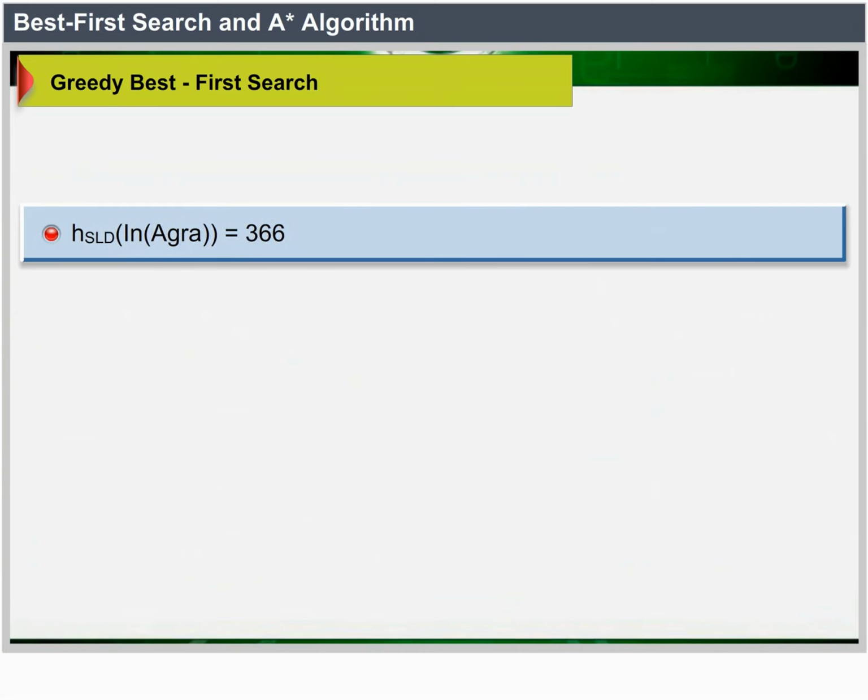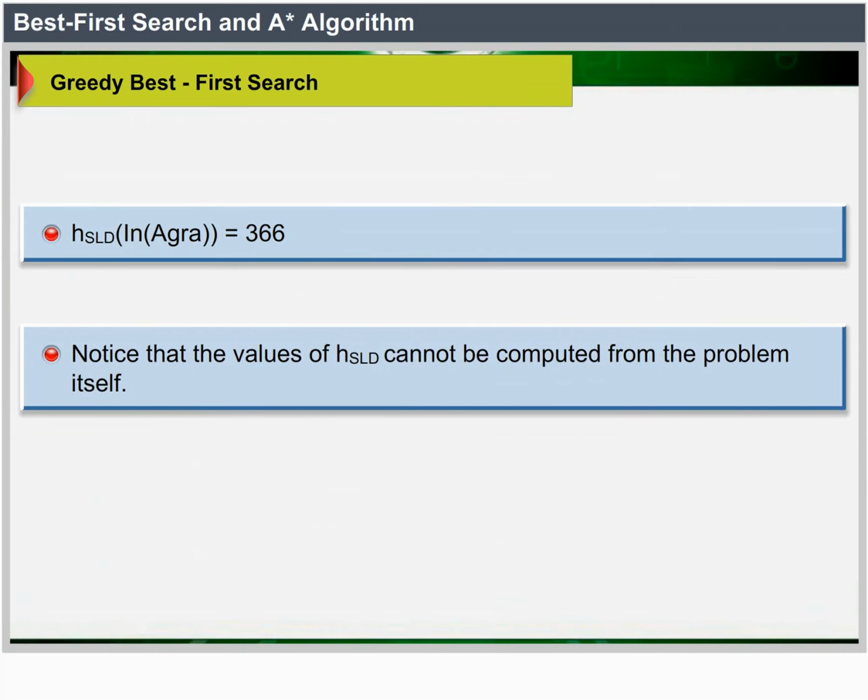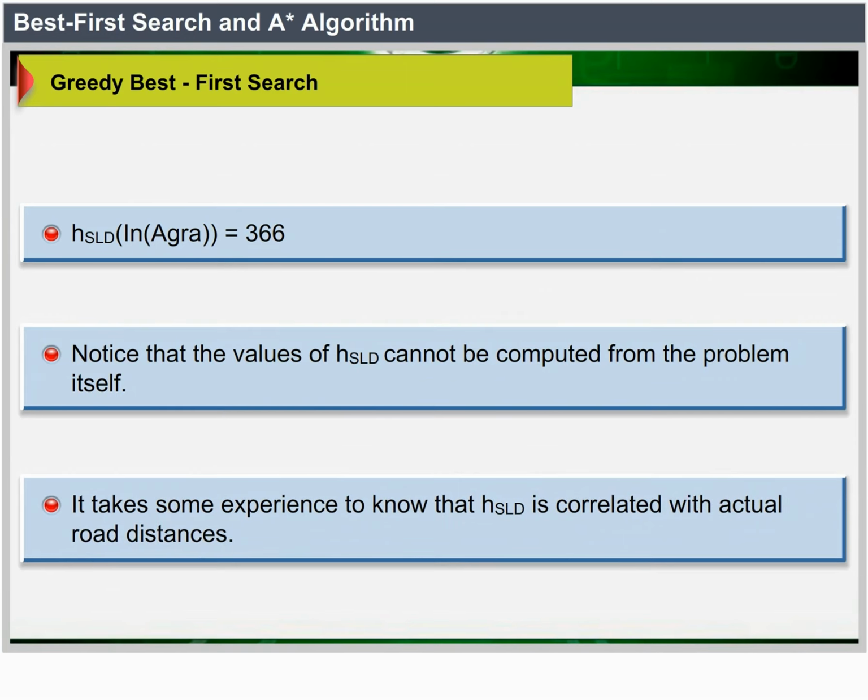The heuristic straight line distance in Agra is equal to 336. Notice that the values of the heuristic straight line distance cannot be computed from the problem itself. It takes some experience to know that the heuristic straight line distance is correlated with actual road distances.